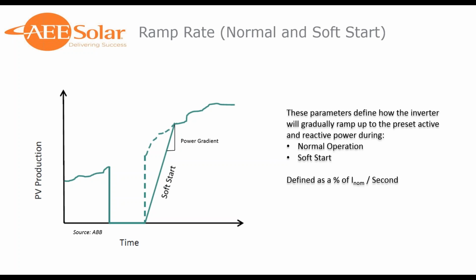In a scenario that we're hopefully going to continue seeing, 20 to 40% penetration, that is a lot harder for a grid to stomach without having huge voltage and frequency fluctuations.